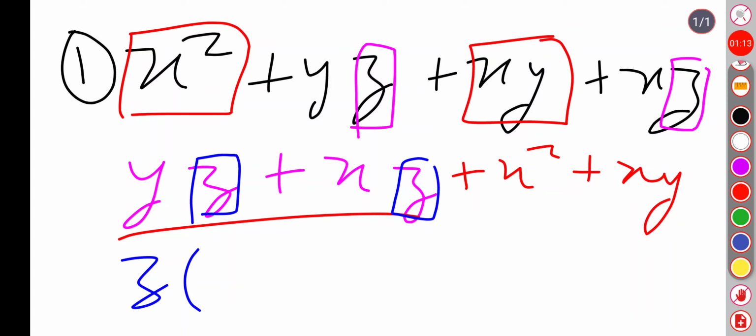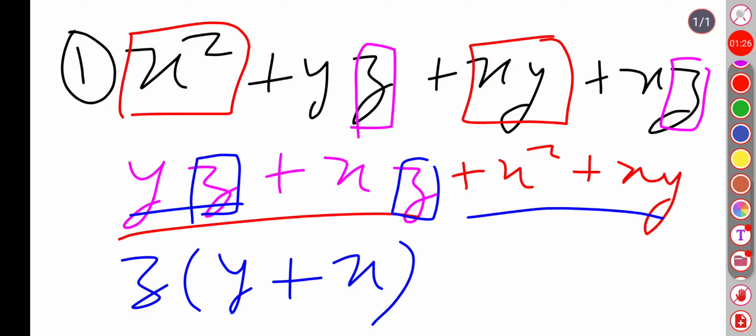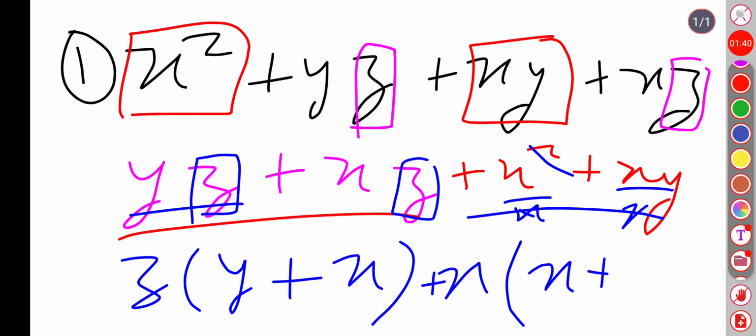Now we are dividing yz by z, so this will cut out and we will get the remainder y, plus xz by z. We'll cut out the z and we'll get the remainder x. Now factorizing this, we can take positive x out as the highest common factor, and x squared by x is x, plus xy by x is y.